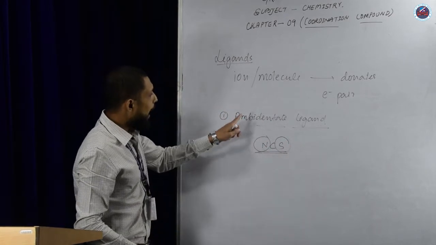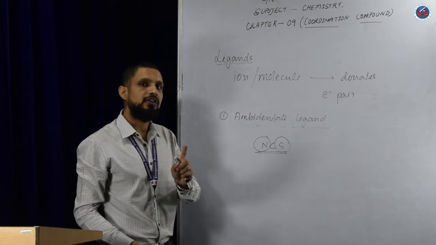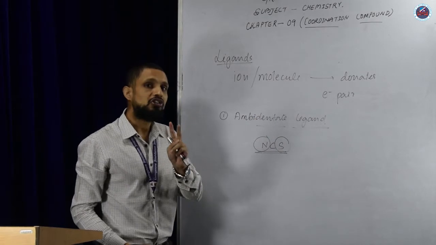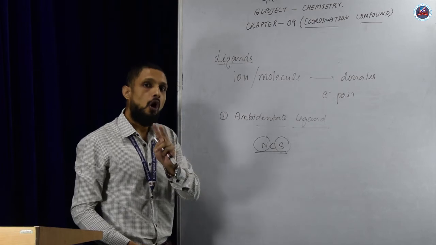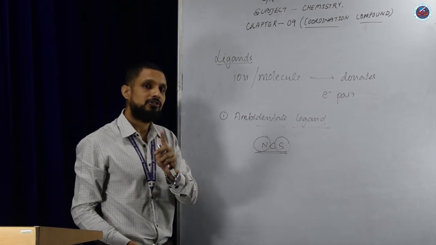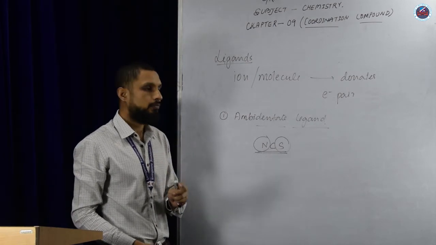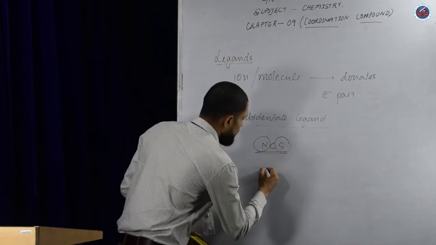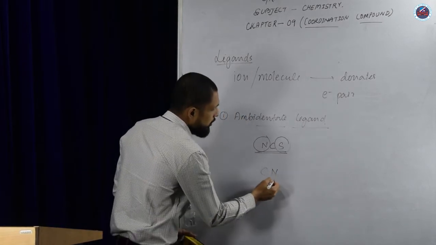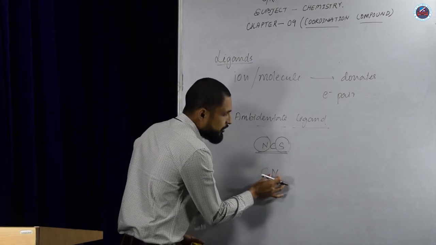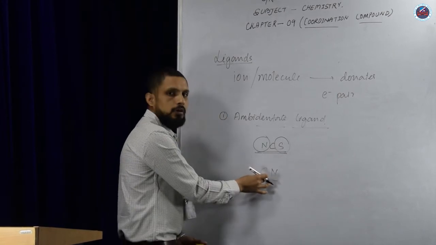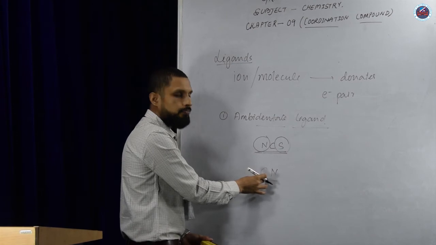That means ambidentate ligands are those ligands which have 2 types of donor atom, but only one atom is capable of donating the electron. I can give more examples like CN. Here, either nitrogen or carbon will act as donor atom.